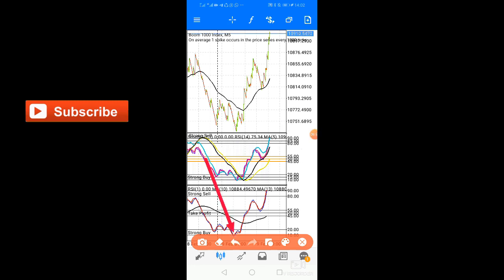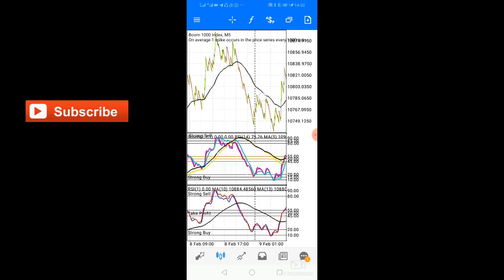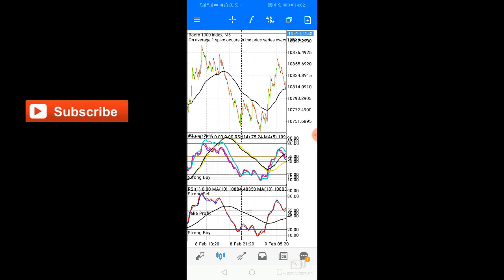Then you know you've got a confirmation right there. That's how you even catch spikes on Boom, guys. With this one, you would have entered the market again right there.